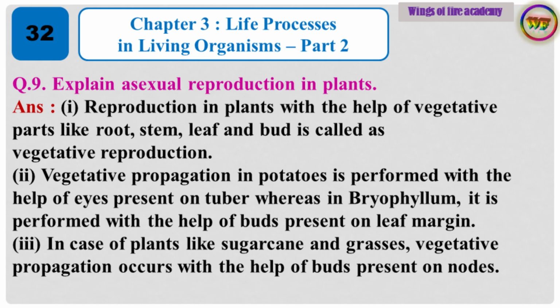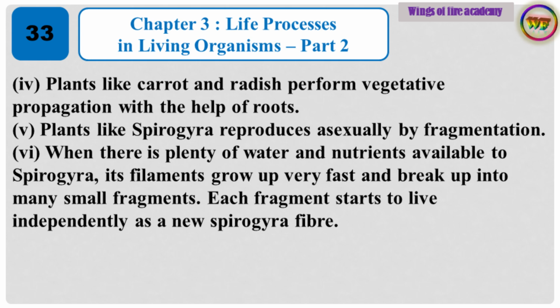Point 3. In case of plants like sugarcane and grasses, vegetative propagation occurs with the help of buds present on nodes. Point 4. Plants like carrot and radish perform vegetative propagation with the help of roots.